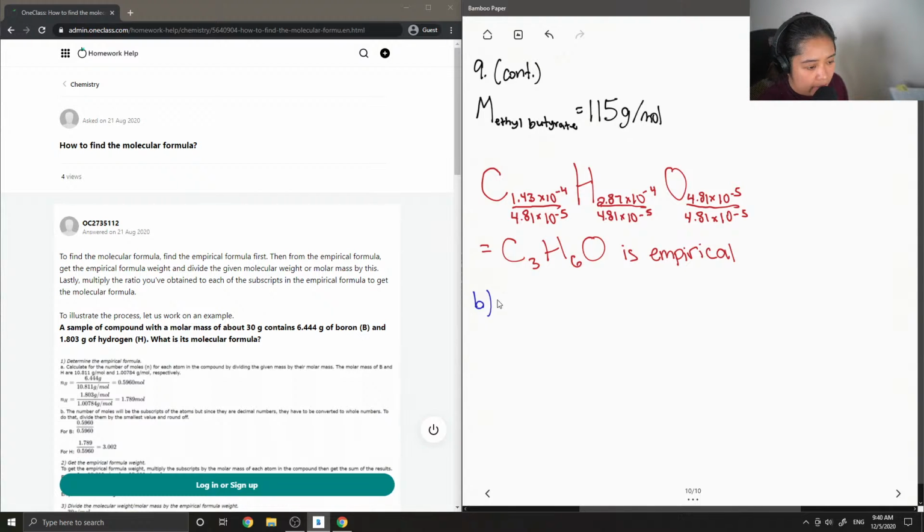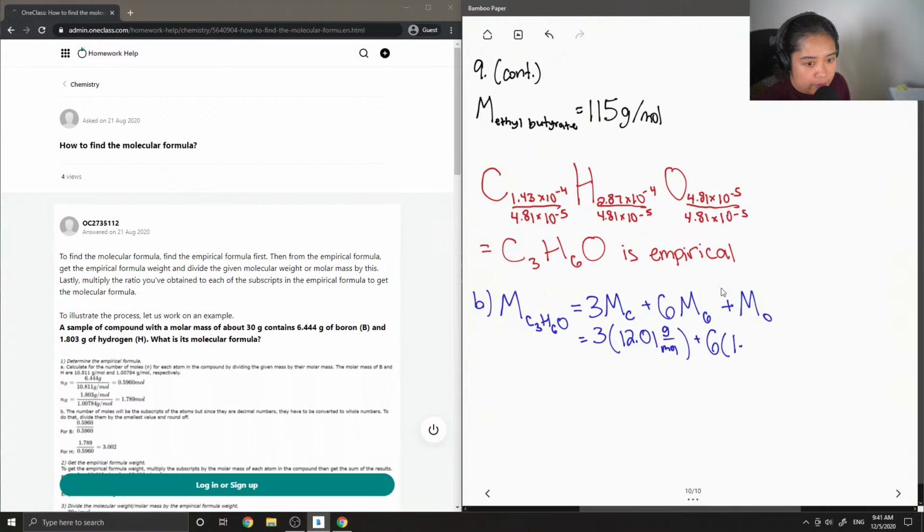we need to find the molar mass of our empirical formula. To do this, it is 3 times the molar mass of carbon plus 6 times the molar mass of hydrogen plus the molar mass of oxygen. The molar mass of carbon is 12.01.